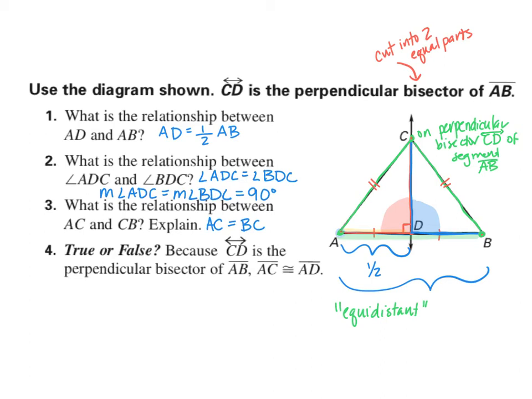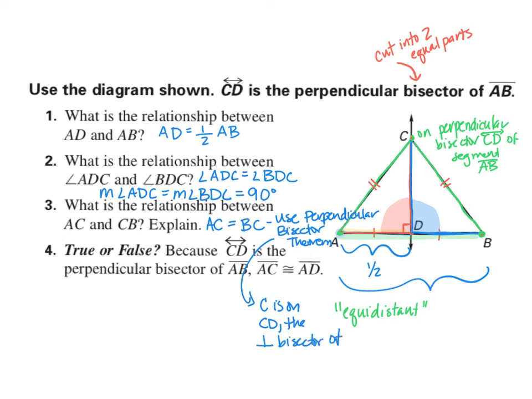And when we explain, we can use the perpendicular bisector theorem because C is on CD, the perpendicular bisector of segment AB.